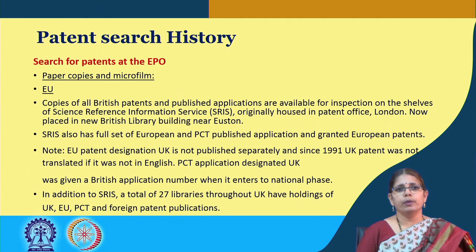So, a total of 27 libraries throughout the UK have the data available in relation to one, the publications in relation to UK, PCT part, and also expansion into foreign patent publication as well. So, from the very preliminary way of storing information to developing databases and information systems, one can also realize that if you really look at the historical aspects of patents, it is actually the library information specialists who were the ones who really used to be involved in patent documentation cataloging.